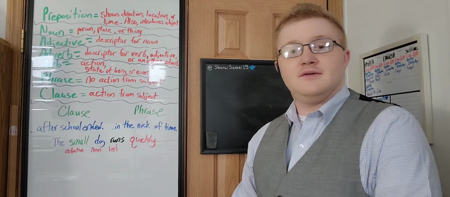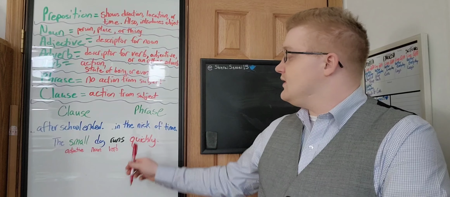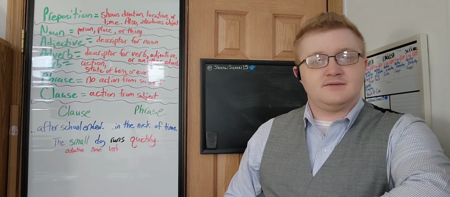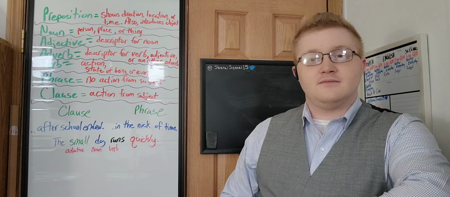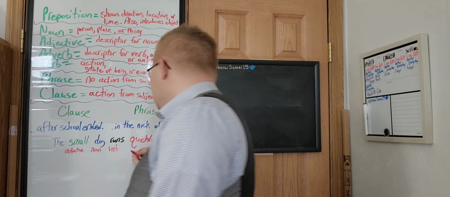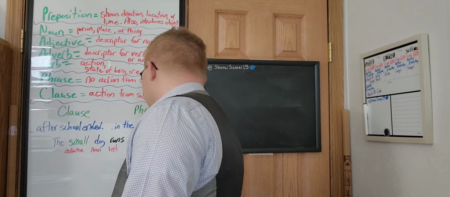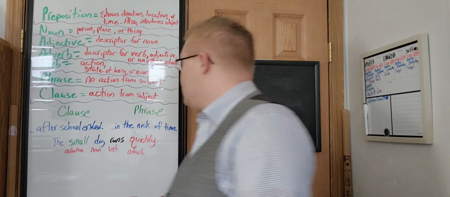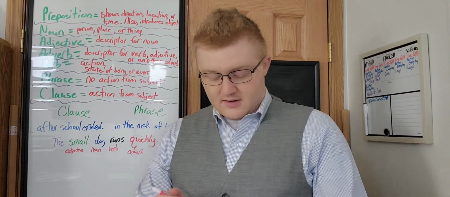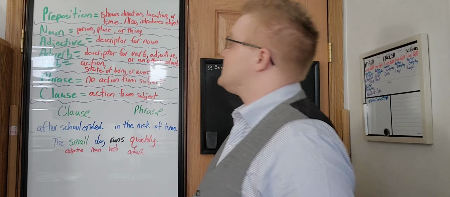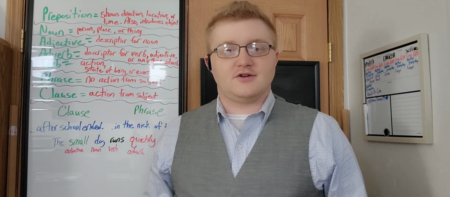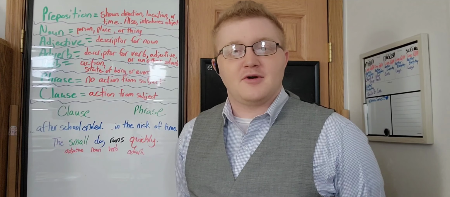And finally, what is quickly in this sentence? Quickly is the adverb. All right. So that's just an example sentence and some definitions to help us get started on our journey into grammar and proper English.